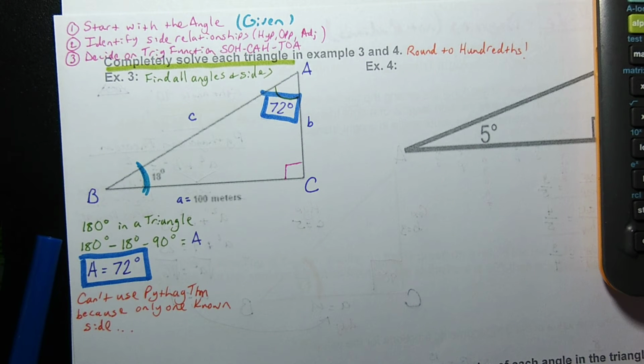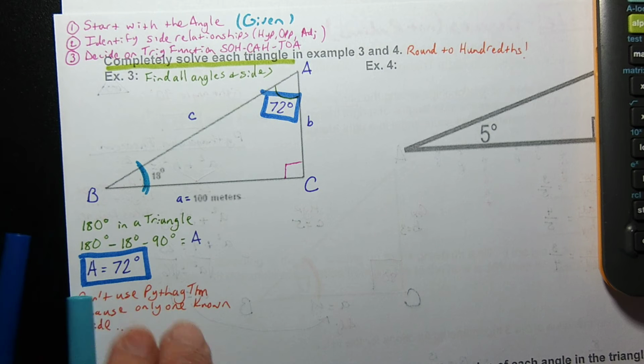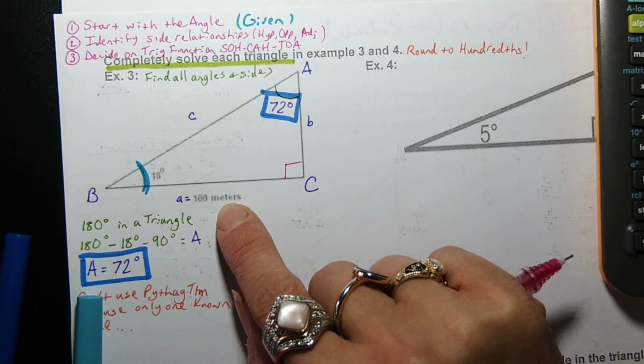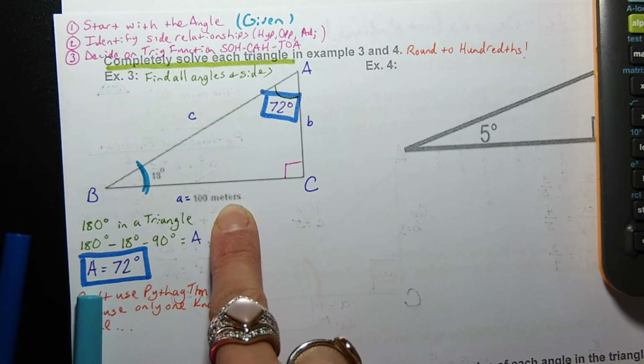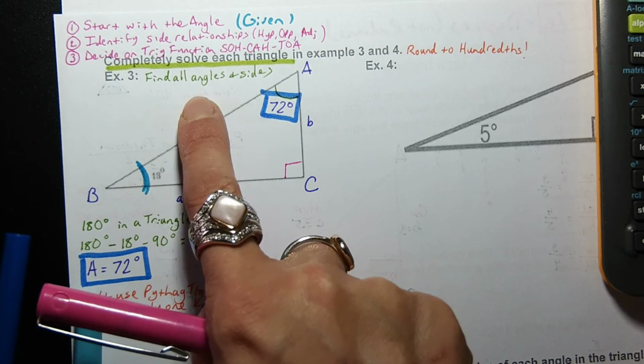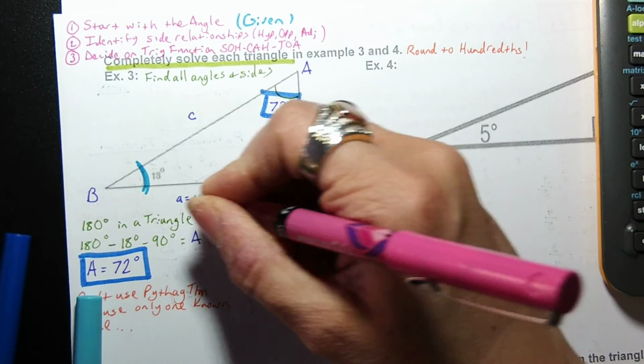And we are going to determine the side relationships of our given stuff. What is A relative to angle B? What is 100 meters? Is it opposite, adjacent, or hypotenuse? It's adjacent. So C is adjacent also, but C is our hypotenuse. So A is the adjacent side.